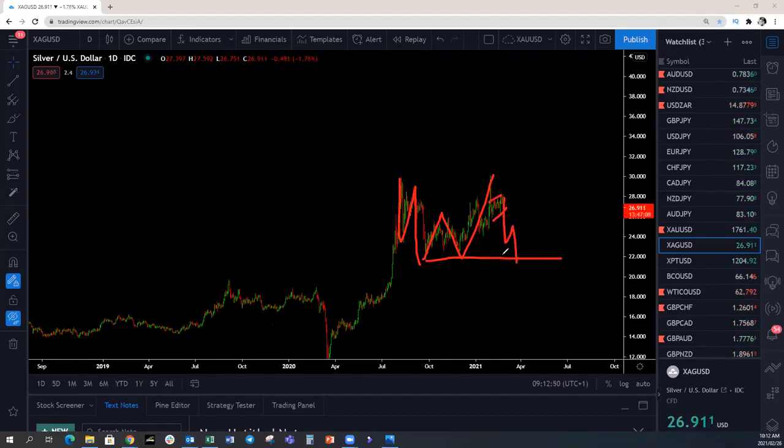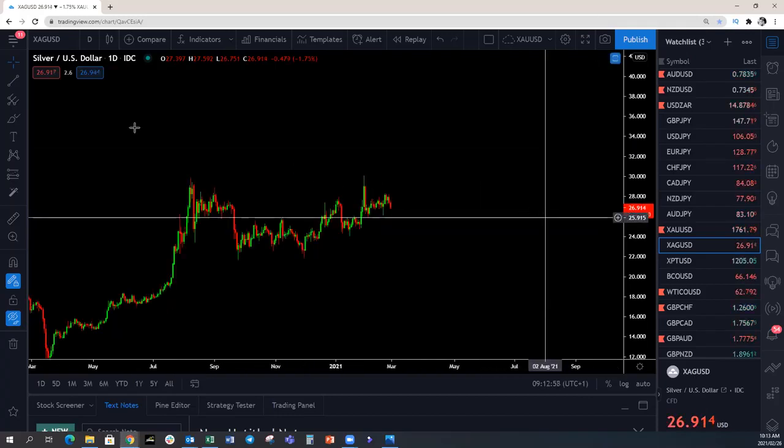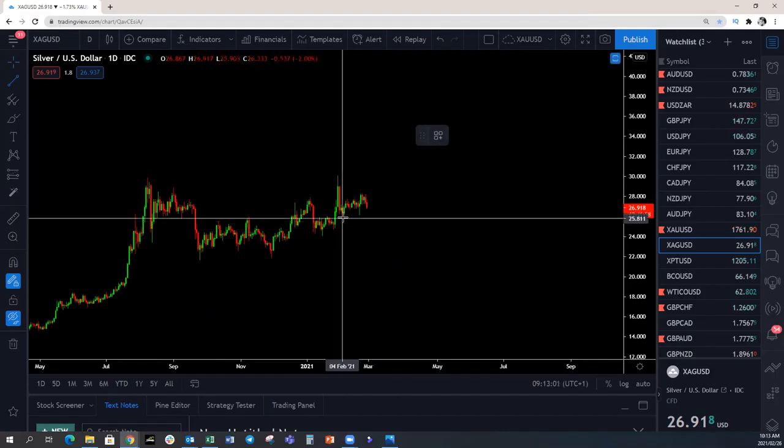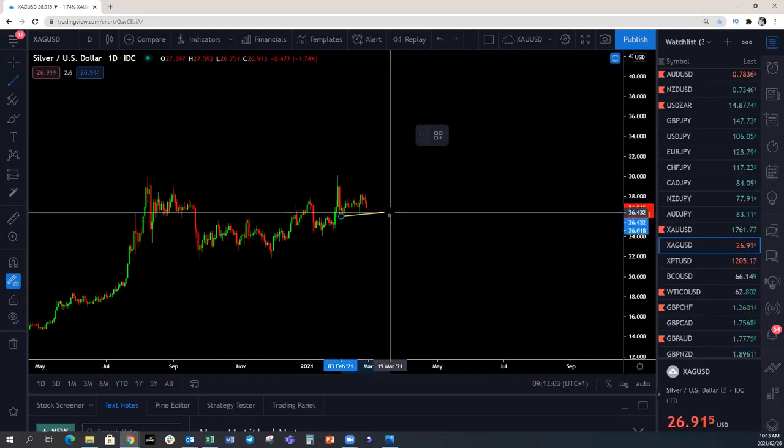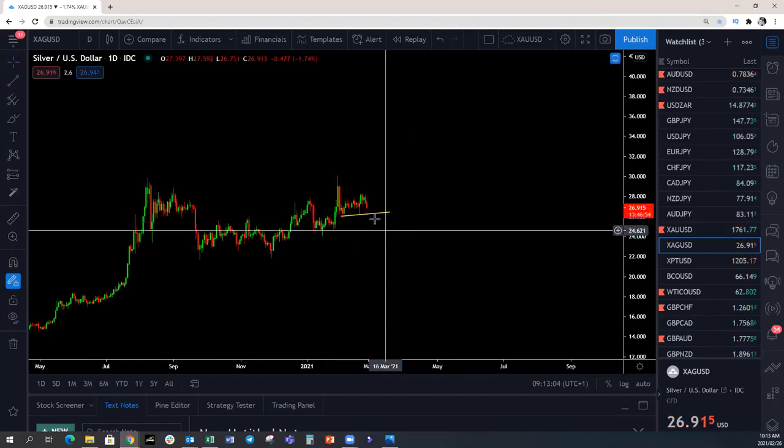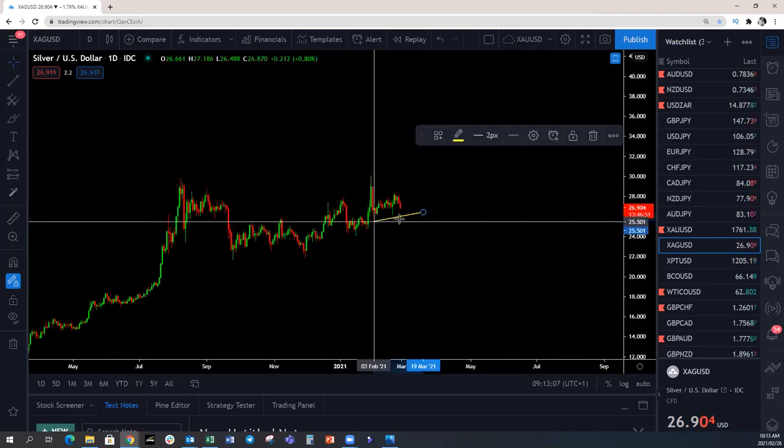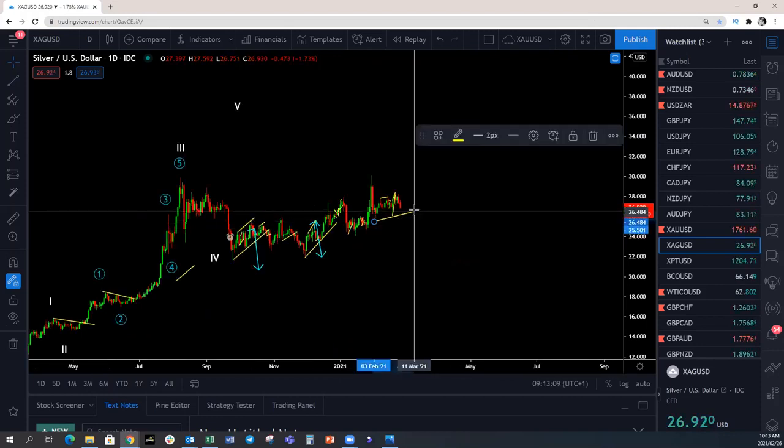So silver, we are still expecting this to come to the downside around the 22 area. Expect that move on silver. All right, so that will be confirmed if we see silver do this here. If we see silver break below that corrective structure, then we'll expect silver to continue all the way down to the 22 area.